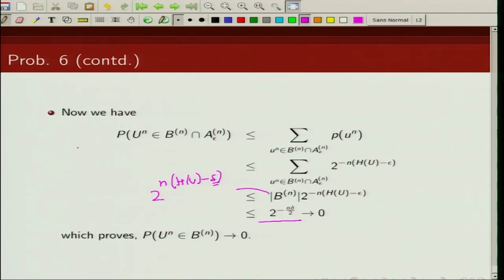Now if I take the limit as n goes to infinity, this term will essentially go to 0. Which essentially proves that the typical set is the smallest set which will have a non-zero probability.